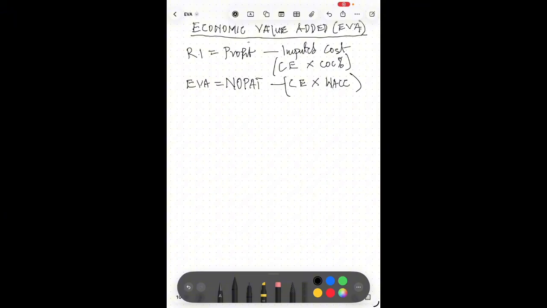So we have to merge all the various capital involved, not just one kind of capital. You could have debt, you could also have equity. So there is need for you to find the weighted average of the cost of capital.